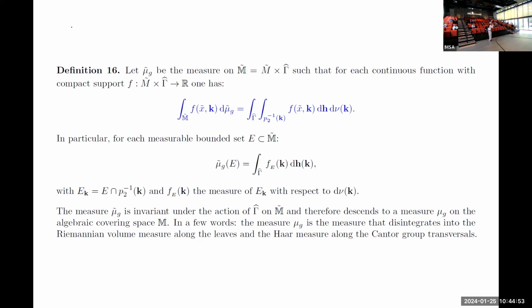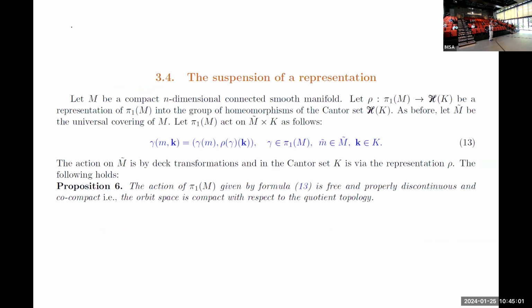That's what I mean. You have a volume form for this manifold.